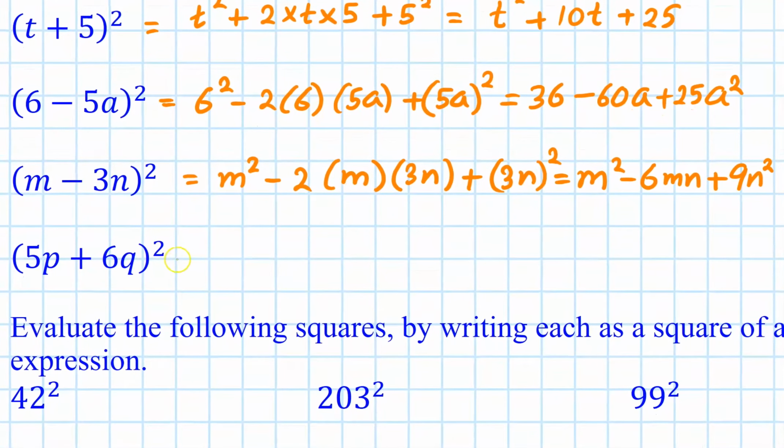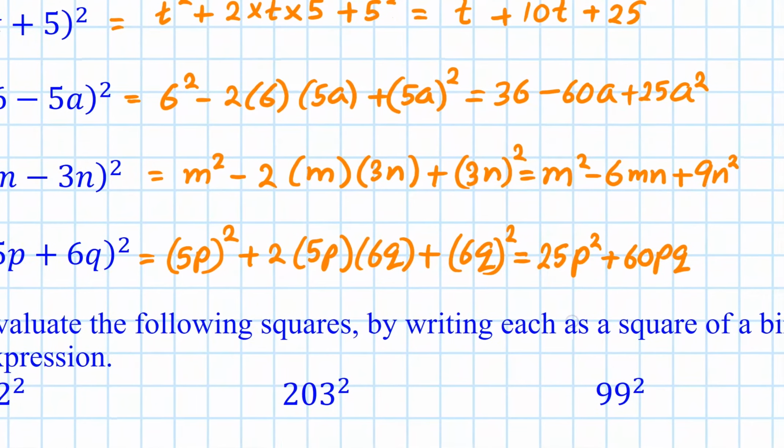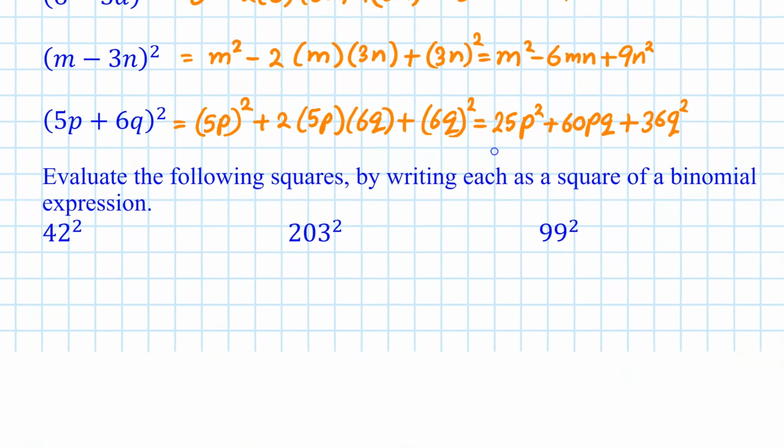The last one, 5p squared plus twice the product, 5p and 6q, then 6q squared. 5p squared, 5 squared is 25p squared. Twice the product, 2 times 5, 10, times 6, 60pq. Then 6q squared, 6 squared is 36q squared. Righty, we go through that.